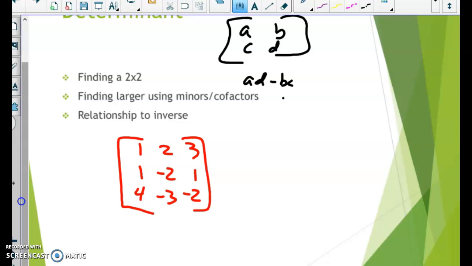And I want to find the determinant of that. So I am going to expand about the first row. And so I'm going to have 1 times the determinant of the small matrix. If I cross out the 1's row and the 1's column, I'm left with negative 2, 1, negative 3, negative 2.